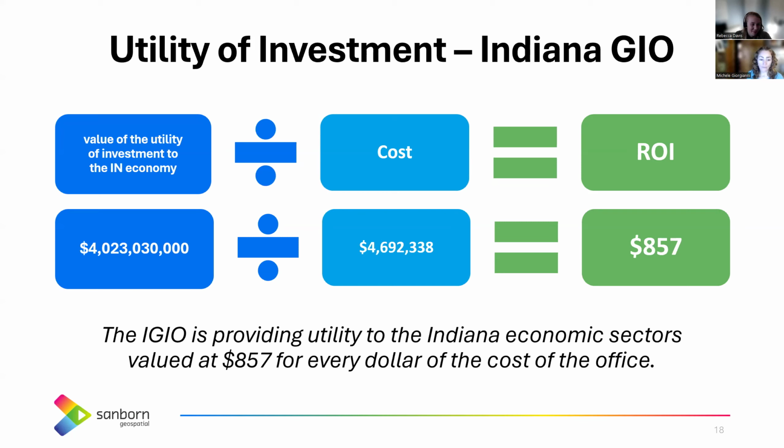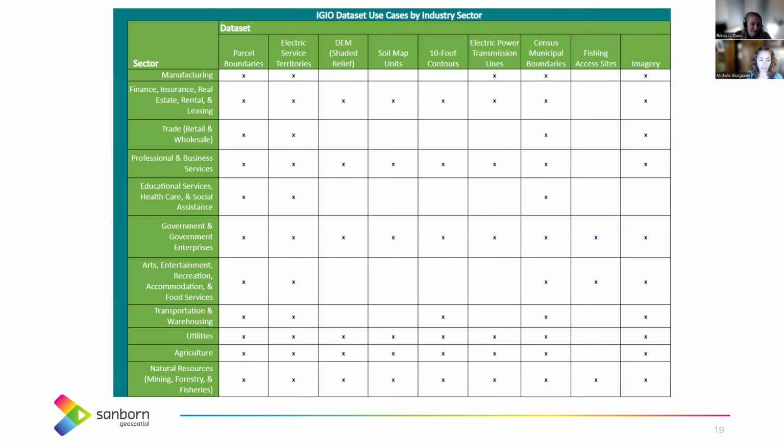And this is math. Not everybody is a math person. So another way to show the utility of geospatial data and technology that's provided to each sector is to show the different geospatial data sets that the office provides that could support operational activities within each sector.